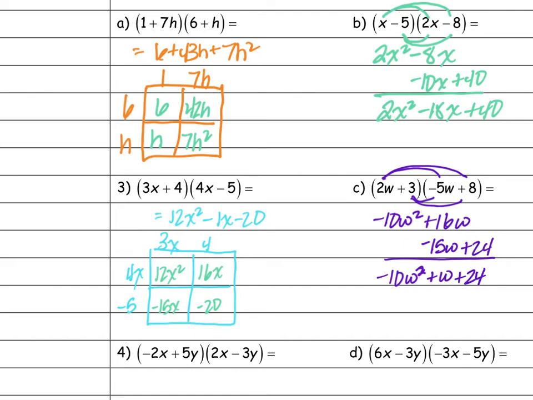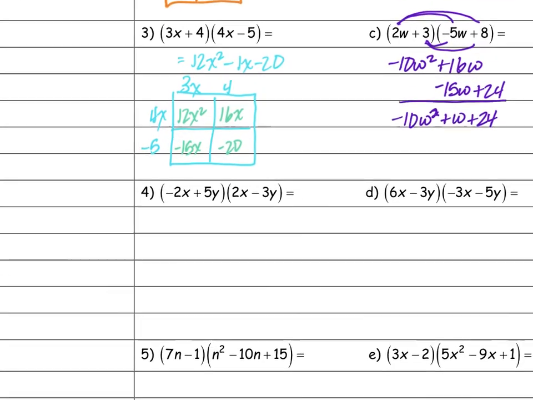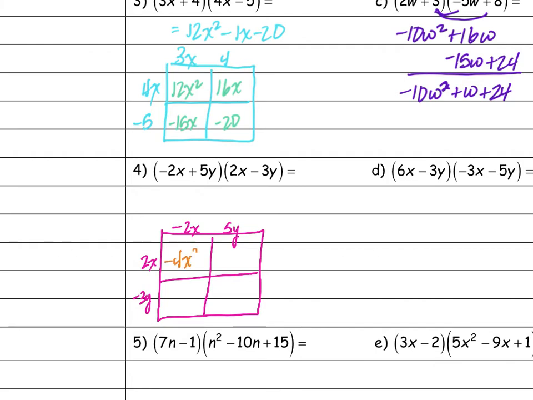Okay? Please make sure you're asking questions if you're not understanding. The next one's the same, only instead of having one variable, I have two. But guess what? I'm doing exactly the same thing. So again, I'm going to choose to do the first one with a multiplication table. I shouldn't have written that big, but negative 2x plus 5y, and then 2x minus 3y. So I've got 2x times negative 2x is negative 4x squared.